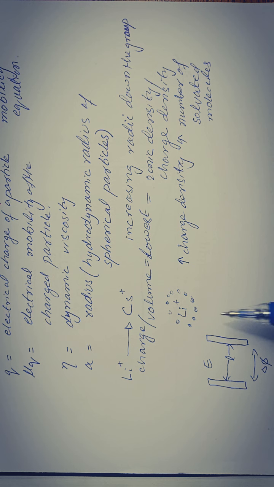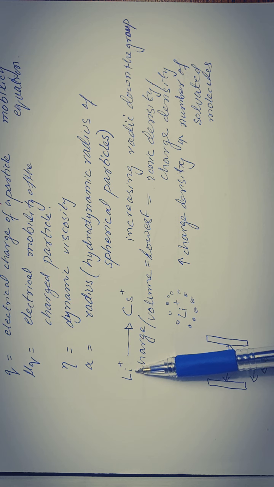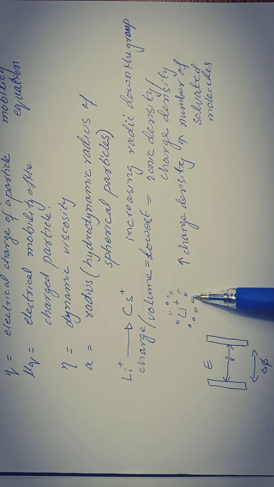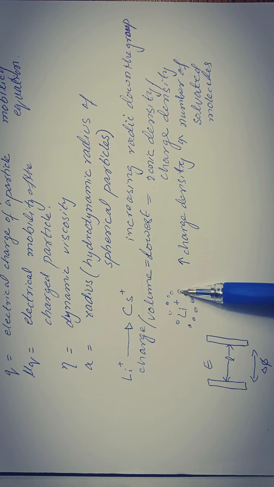So according to the smaller size of this lithium ion, it should move very fast, but in reality it has lower mobility, and among the group its mobility is lowest. That's observed to be due to the higher number of solvated molecules associated with this smaller ion, making the hydrodynamic or solvated molecules radius higher than observed for lithium ion solely.